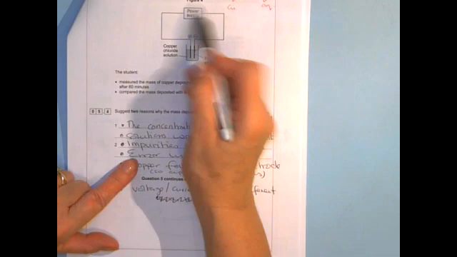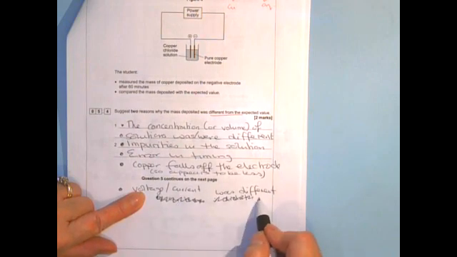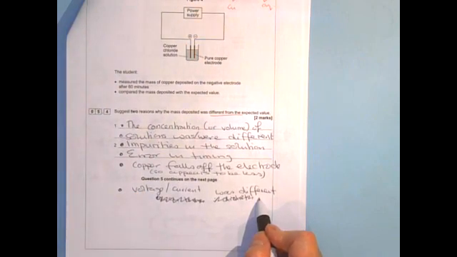Or because you're using this power supply, maybe the voltage or even the current setting was not what you anticipated. It might have been different. You might have wanted it set at 12 volts and it was set at 15 volts, or it was set at 8 volts. So it would give a different electrical throughput, and so you would get a different mass of copper.